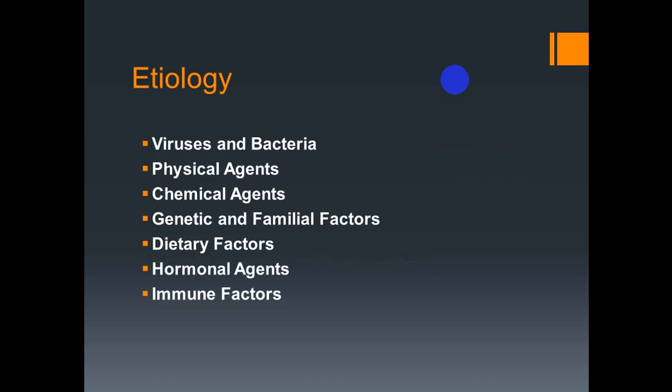The etiology of cancer. When we are talking about etiology, we should know that the cause of cancer is idiopathic. We don't know what causes cancer, but there are predisposing and precipitating factors that take place as etiologies of cancer.